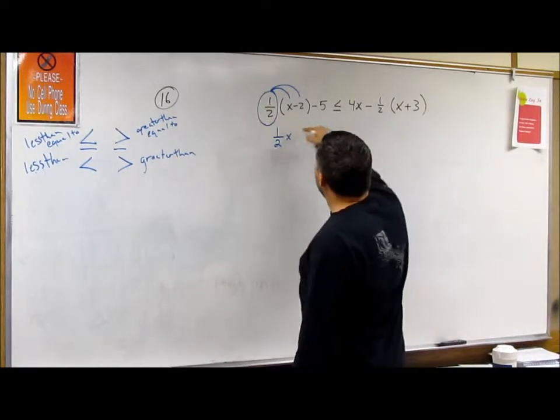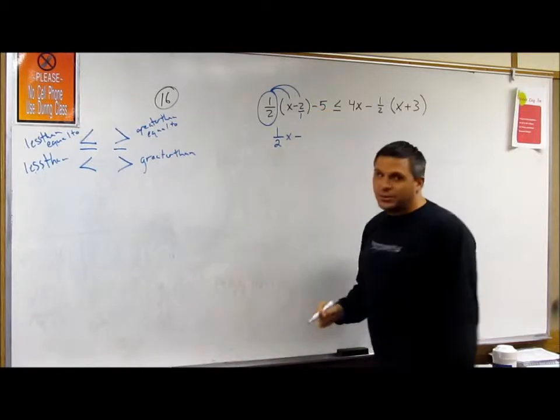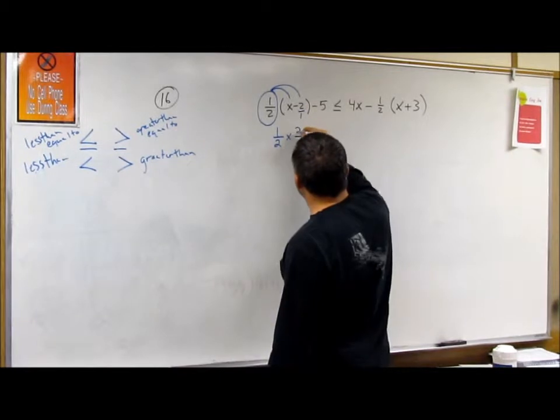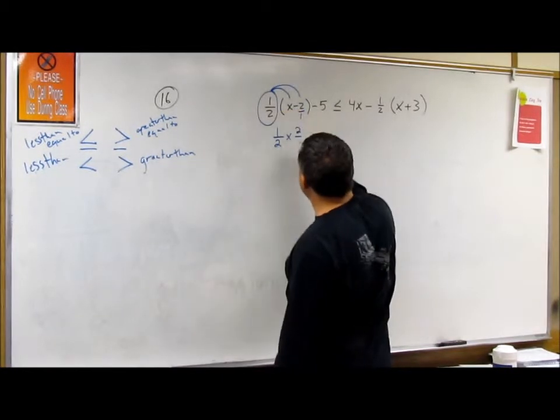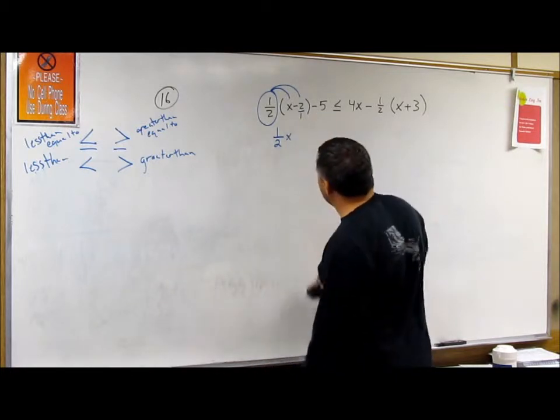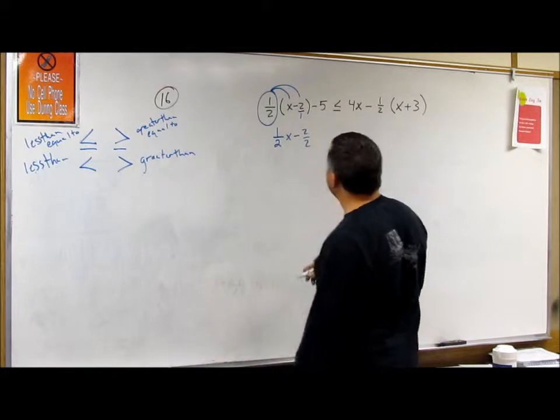Then this I'm going to write as, because remember, this is really 2 over 1, 2 times 1 and 1 times 2, which is 2 over 2. But one thing I want to make sure I do is keep the sign in there, so it's minus 2 over 2.